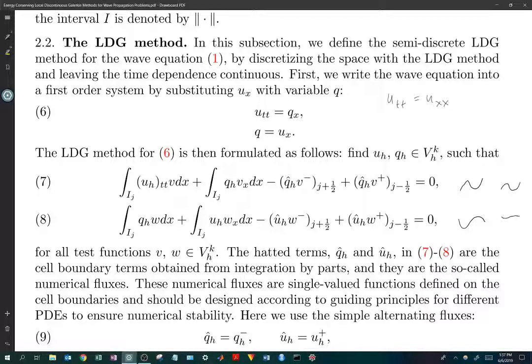And so because U and Q are related, you might hope that if one passes information to the left and the other passes information to the right, then all of the information is getting passed on to wherever it needs to be. And that ends up being what happens.